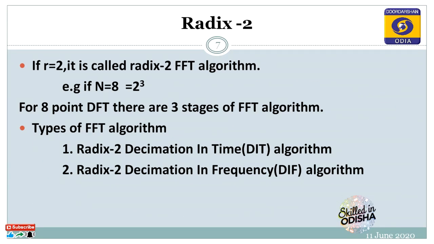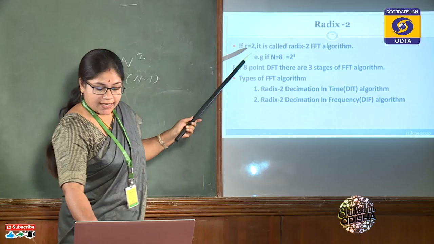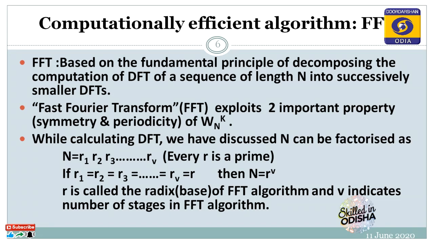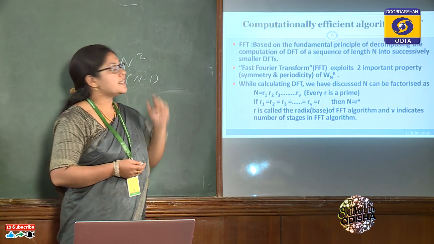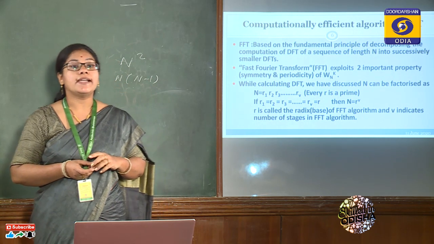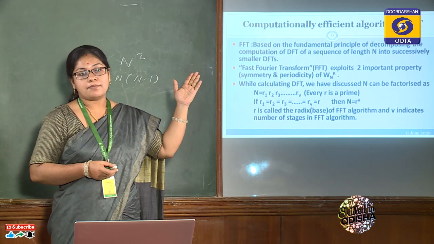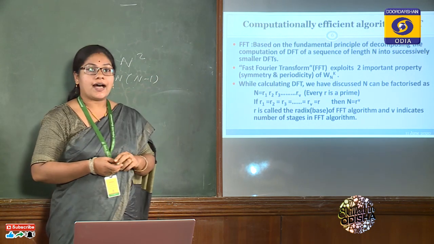Since direct computation is difficult to implement, we go for a computationally efficient algorithm, which we call the Fast Fourier Transform. Though its name is a transform, actually it is an algorithm.